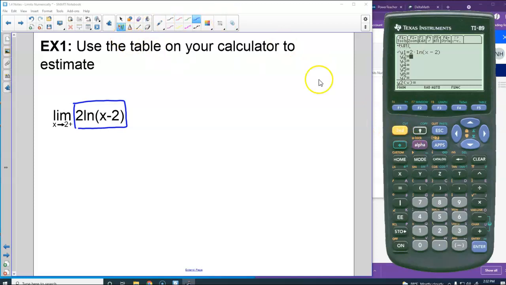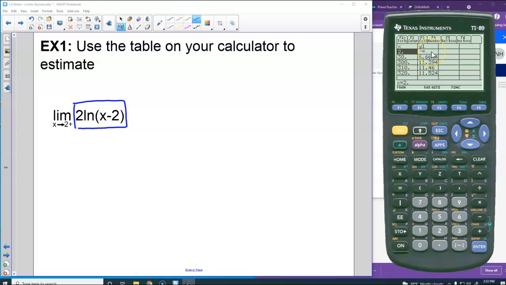Okay. All right, so let's go back to our table. So we're going to hit green button F5. That takes us to table. Okay. Mine is actually saying negative infinity. Somebody else's? If you type in 2, does it say negative infinity for anybody else? Huh. I don't know why mine does that.